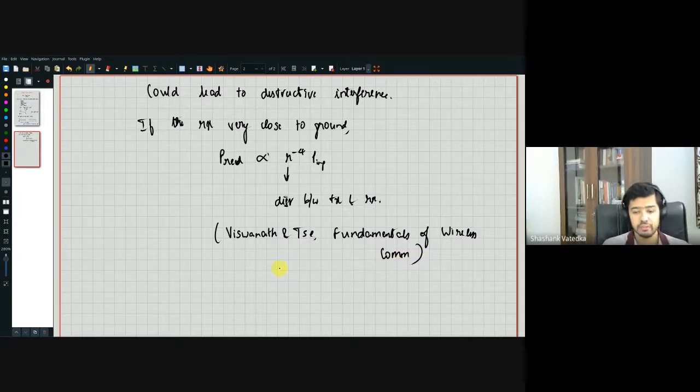This is a very good reference for the basics of wireless communications, and it has some very nice simple models.